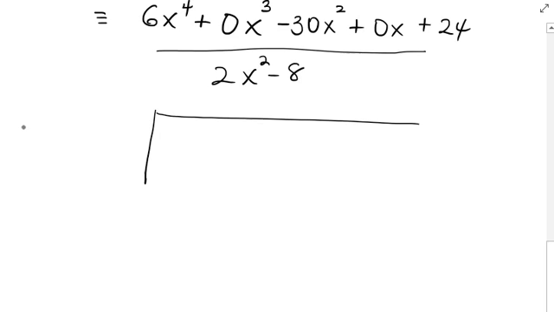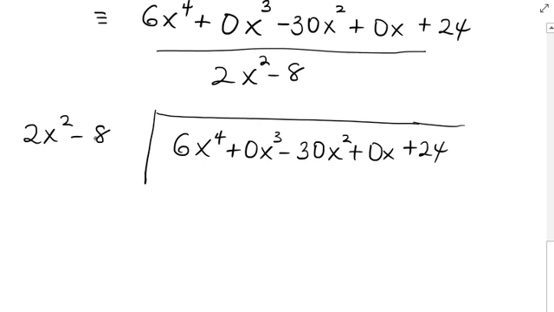So we put our divisor here and we put our dividend here. Okay, so we say 2x squared into 6x raised to the power 4 will give us 3x squared. And 3x squared multiplied by 2x squared will be 6x raised to the power 4.